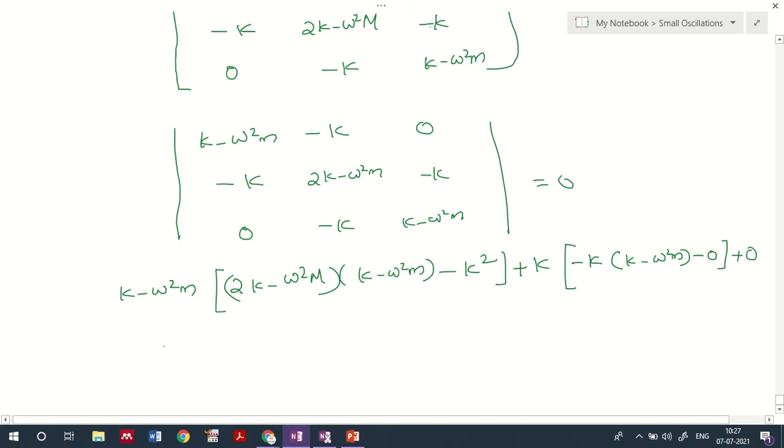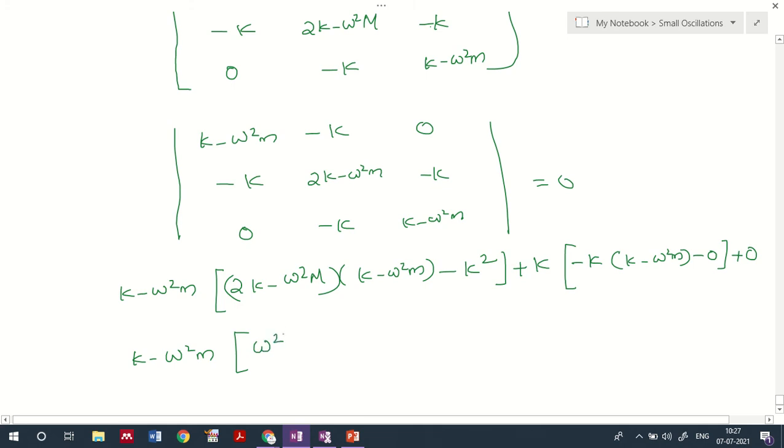So what you will be getting is k minus omega square m into, if I take the omega square m on either side, I can simplify this.